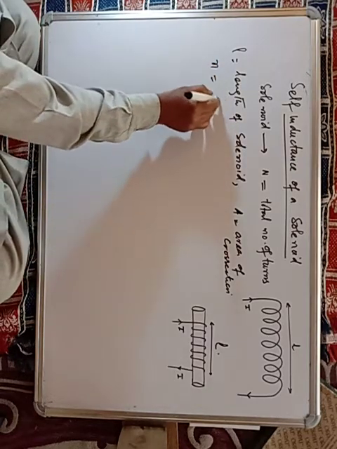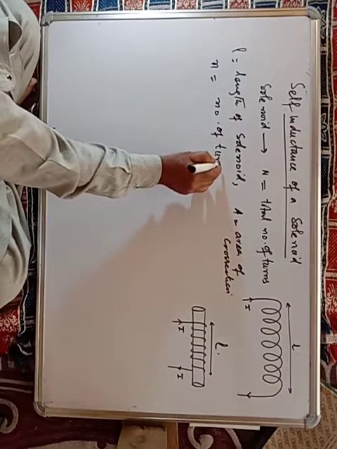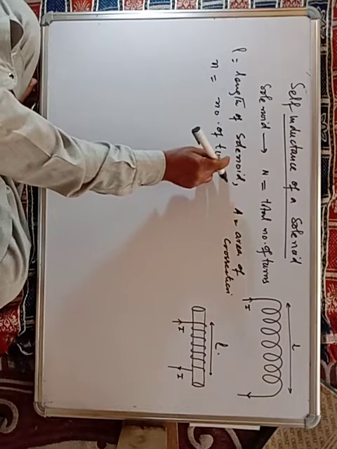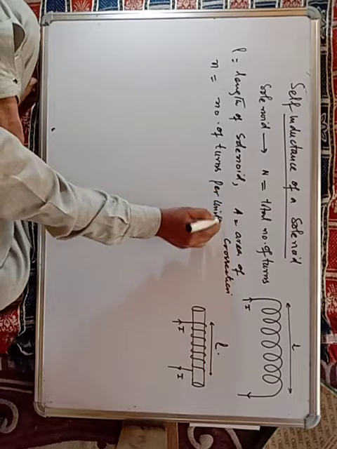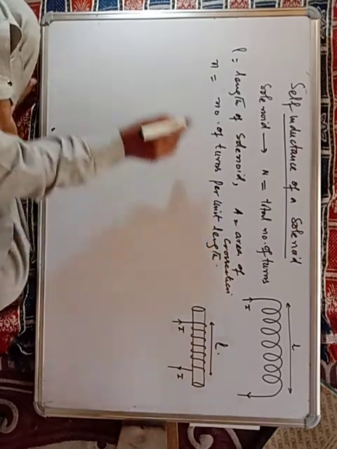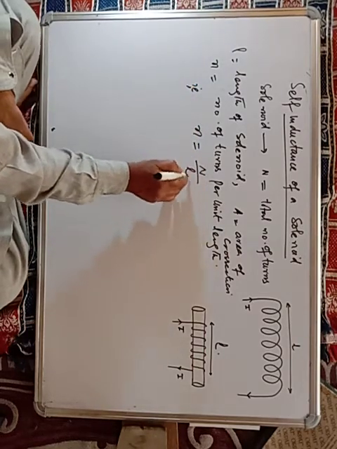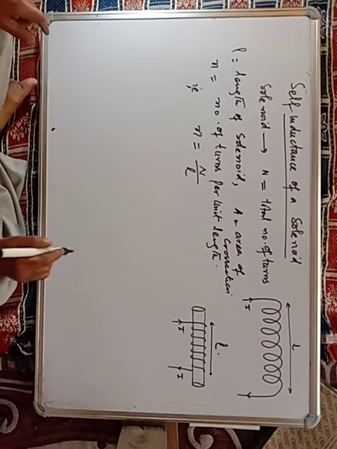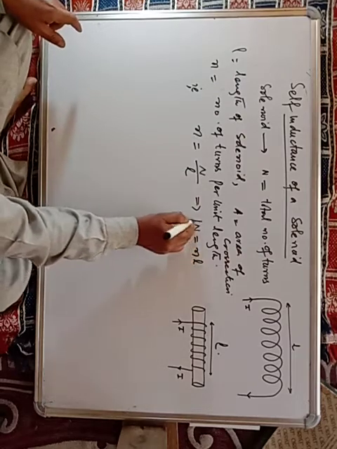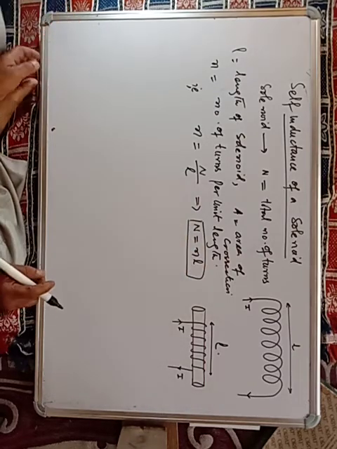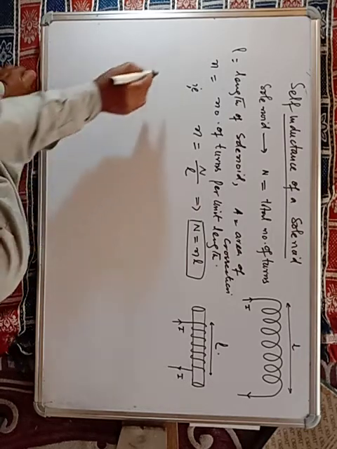And small n is equal to number of turns per unit length. That is, small n is equal to capital N divided by L, total number of turns per unit length, which implies N is equal to nL. So total number of turns is equal to small n multiplied by L, where L is the length of the solenoid.